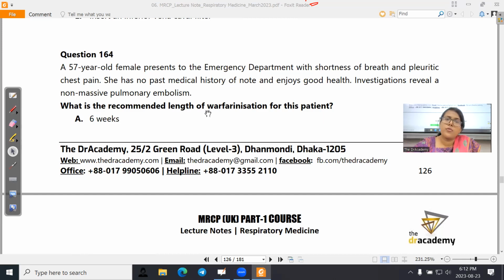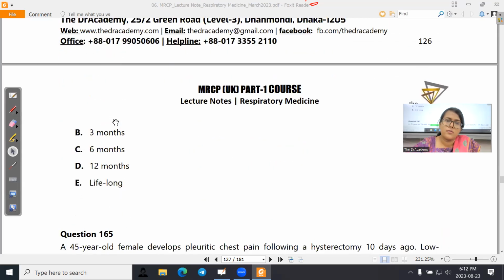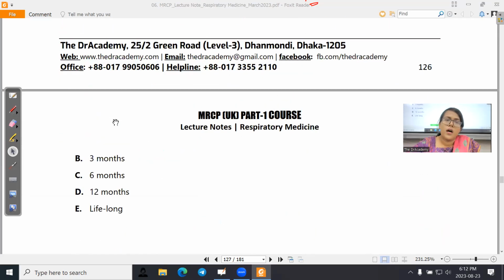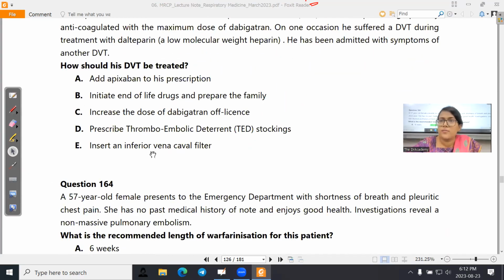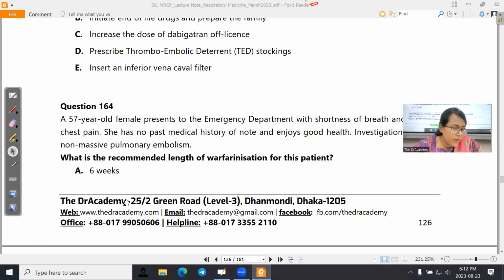So, the recommended length of warfarinization for this patient. Unprovoked, exactly, very good. So this is 6 months, all right. Although apparently she has no risk factors, this is an unprovoked event. So in that case, you should go for 6 months of anticoagulation, all right.